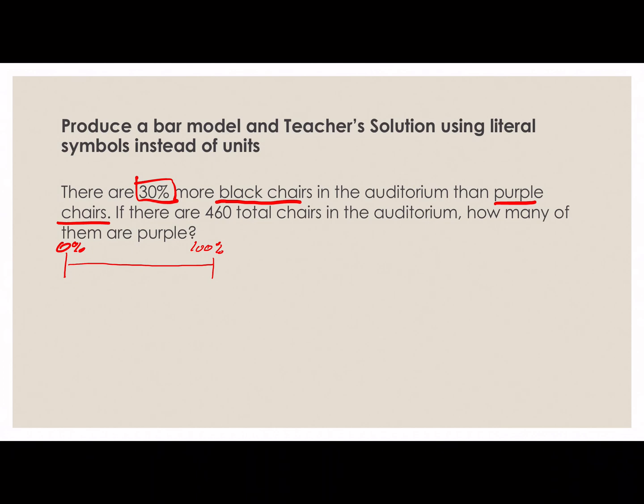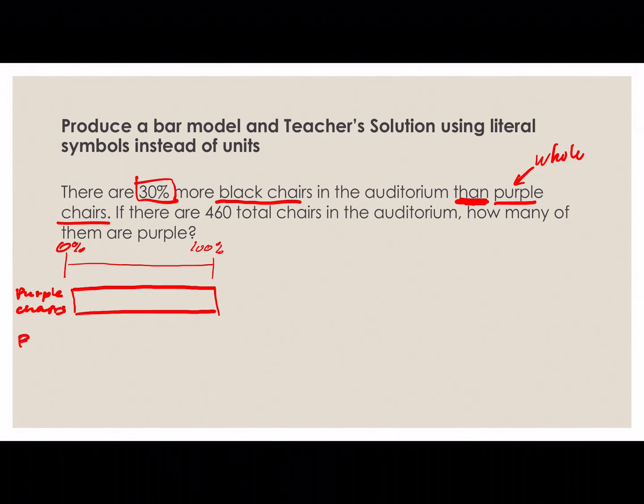So we have 30% more black chairs in the auditorium than purple chairs. So our keyword is "than." Purple chairs is my whole. And if there's 30% more, let me draw in my purple chairs. Purple chairs goes up to 100%.